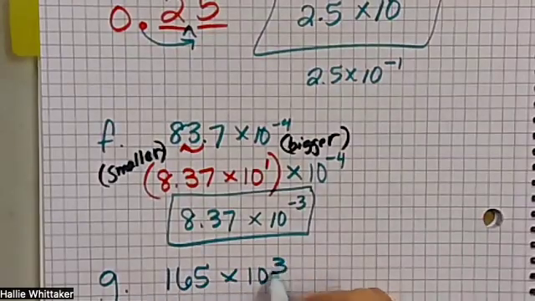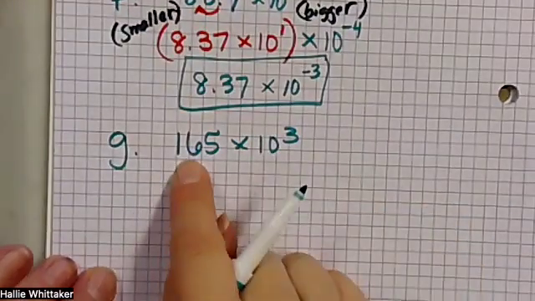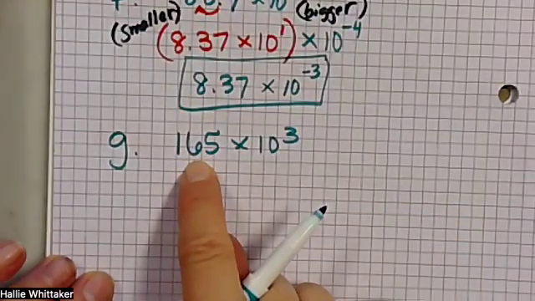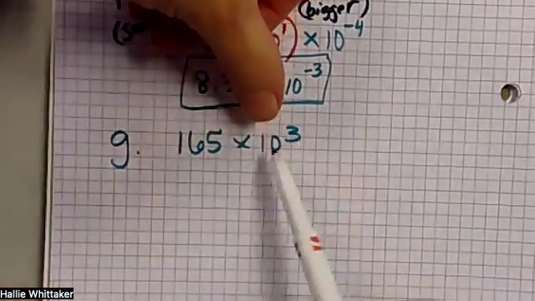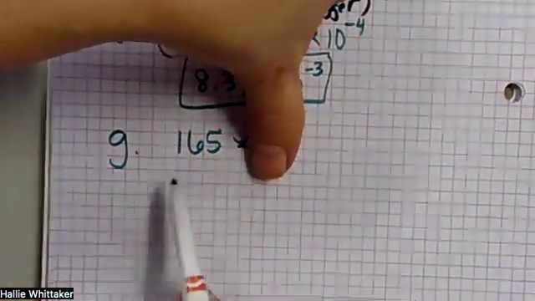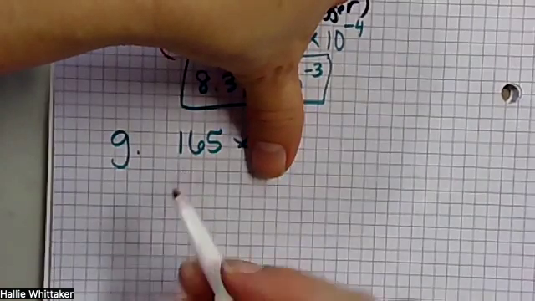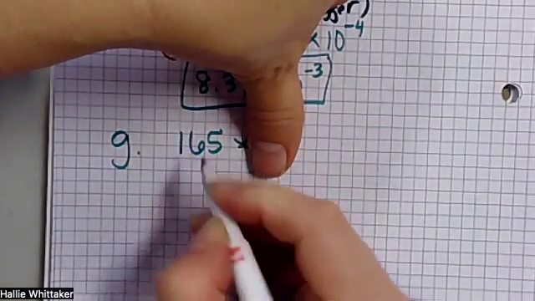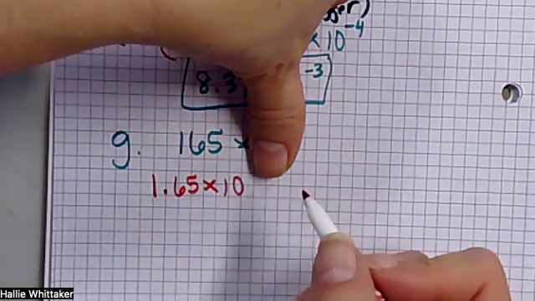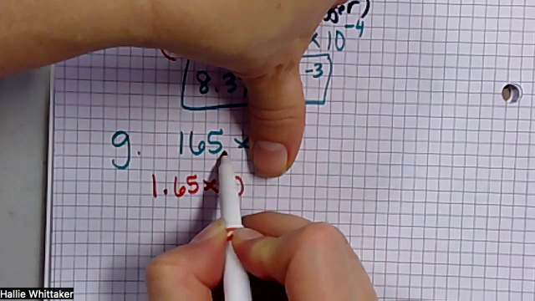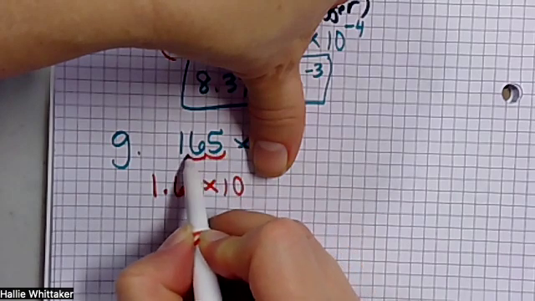165 times 10 to the third. Again, I think you're realizing 165 is greater than 10. That's our problem. So I'm going to cover this up for a minute and let's rewrite 165 in scientific notation. The decimal needs to go right here, so it becomes 1.65 times 10 to the, now think, decimal places here, 1, 2.